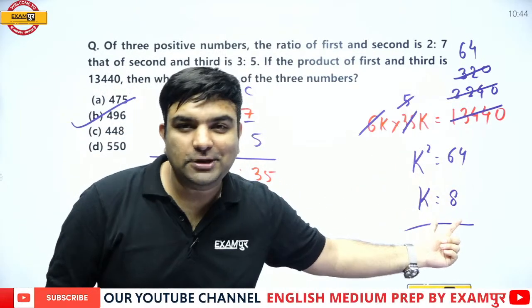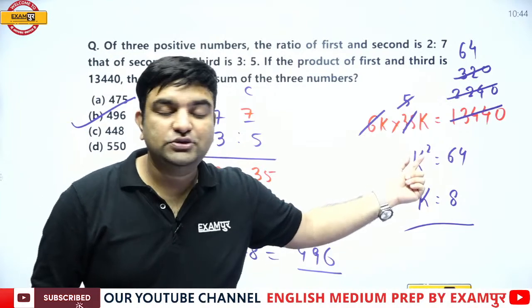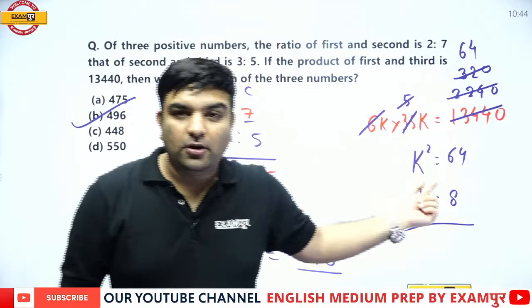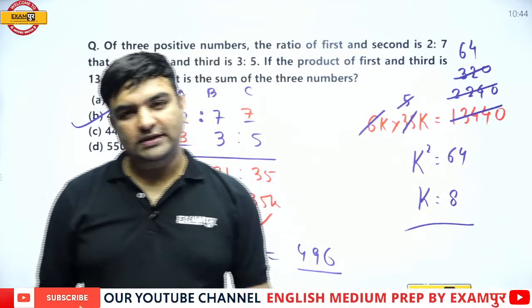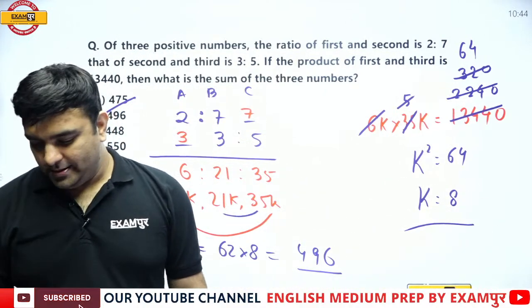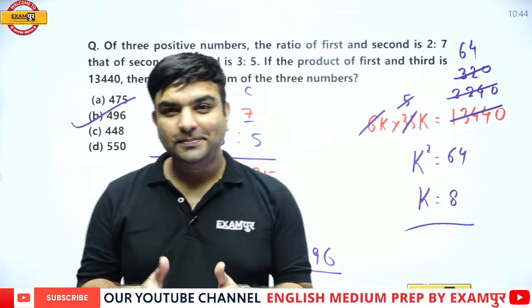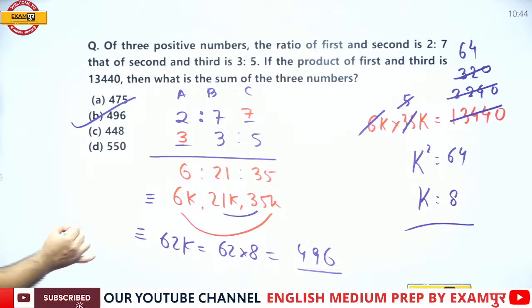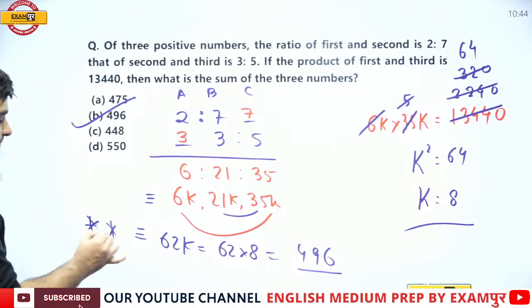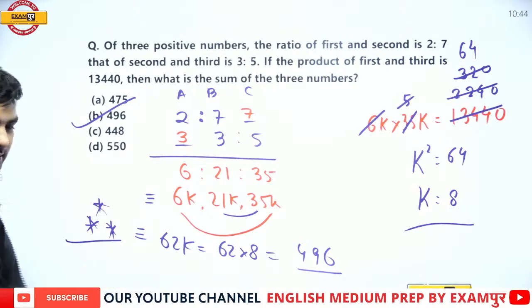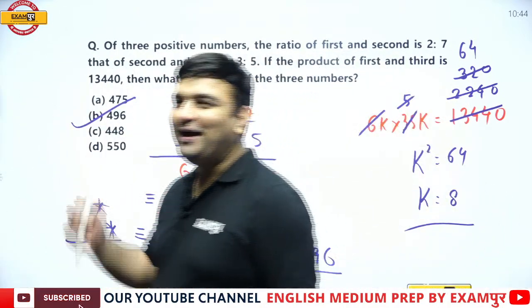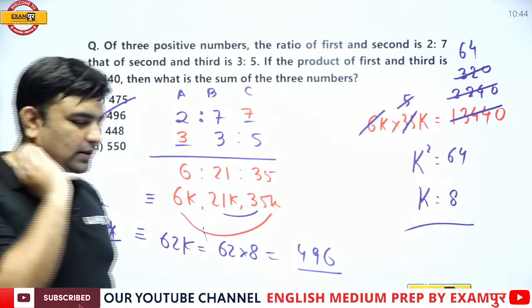But actually 1 is equal to 8, because you need to take the square root as well. Got it? So that is a small point which I want to deliver today.